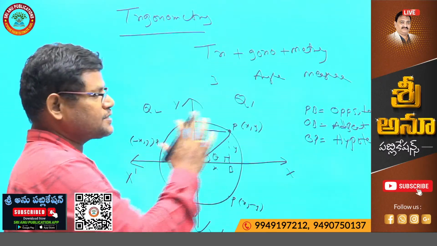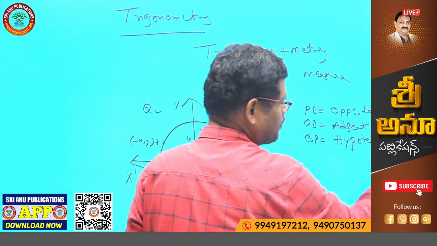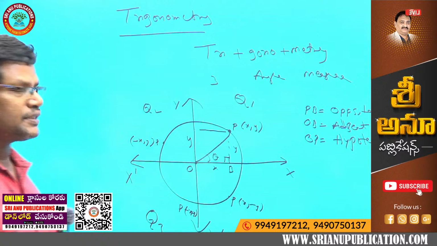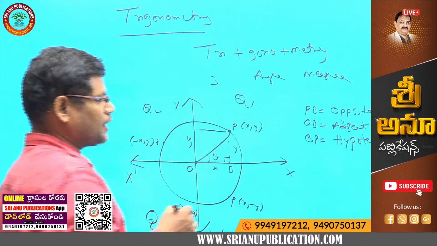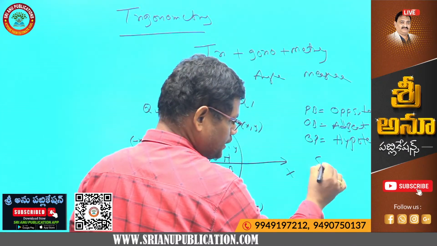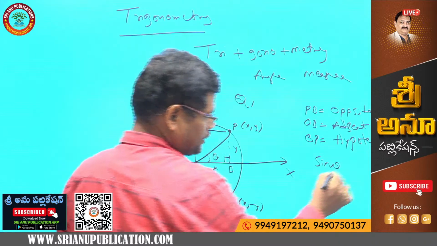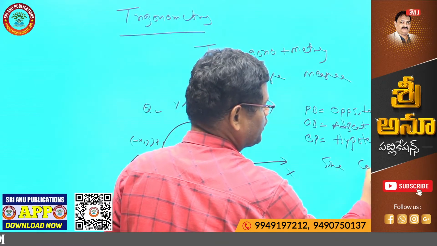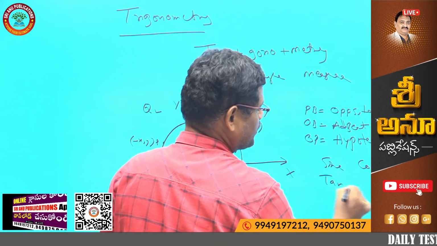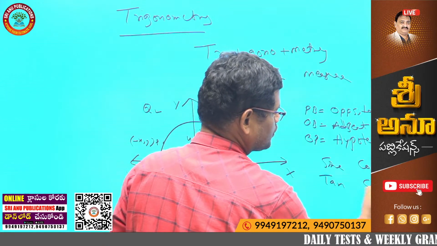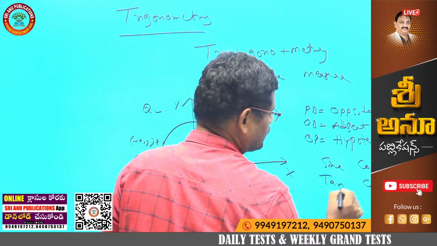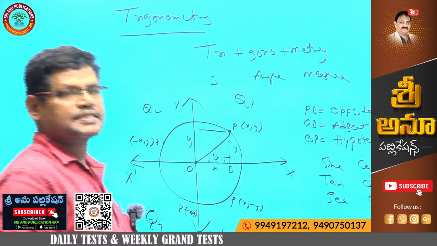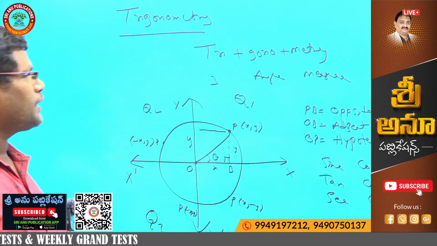The ratios of these three sides are called the trigonometric functions: sine, cosine, tan, cotan, secant and cosecant. These are the 6 trigonometric functions.